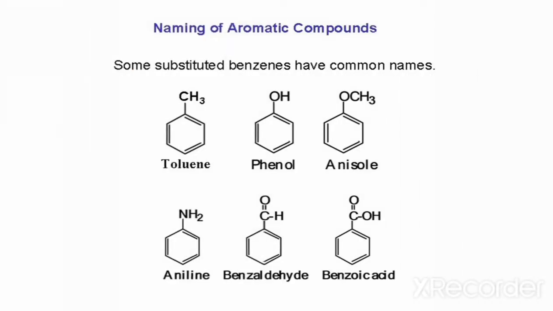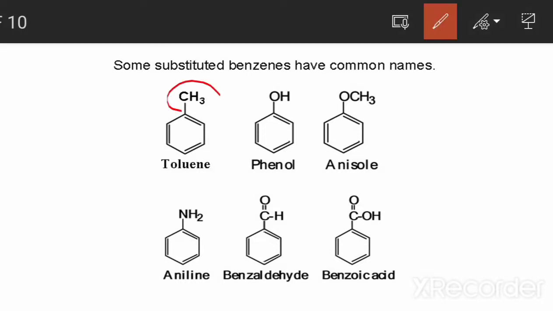Next is naming of aromatic compounds using common names. If a methyl group is attached to the benzene ring, the common name is toluene.